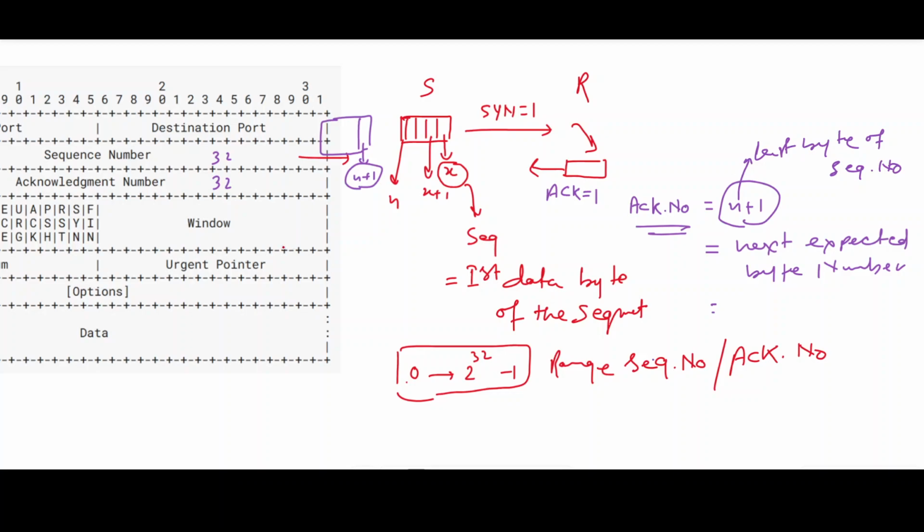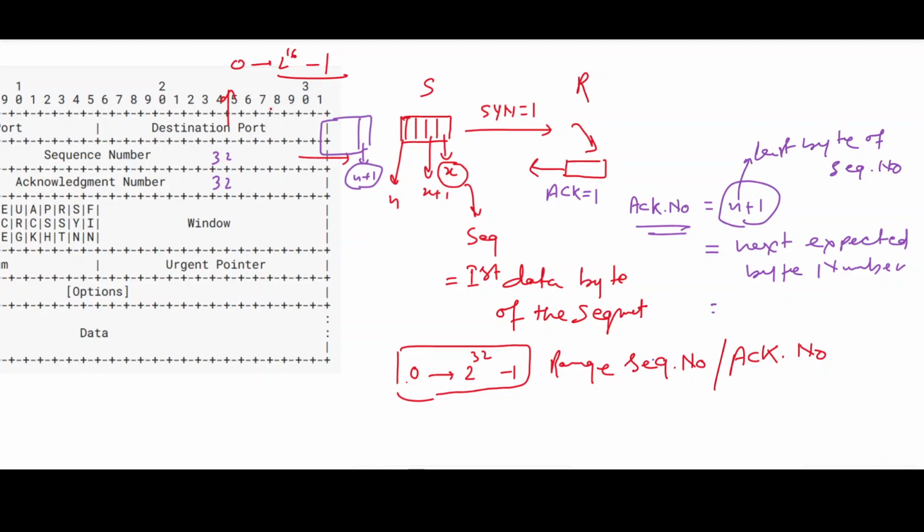Why are we emphasizing on this point? We have discussed in source port and destination port, the range will be 0 to 2 power 16 minus 1, that means 65535.